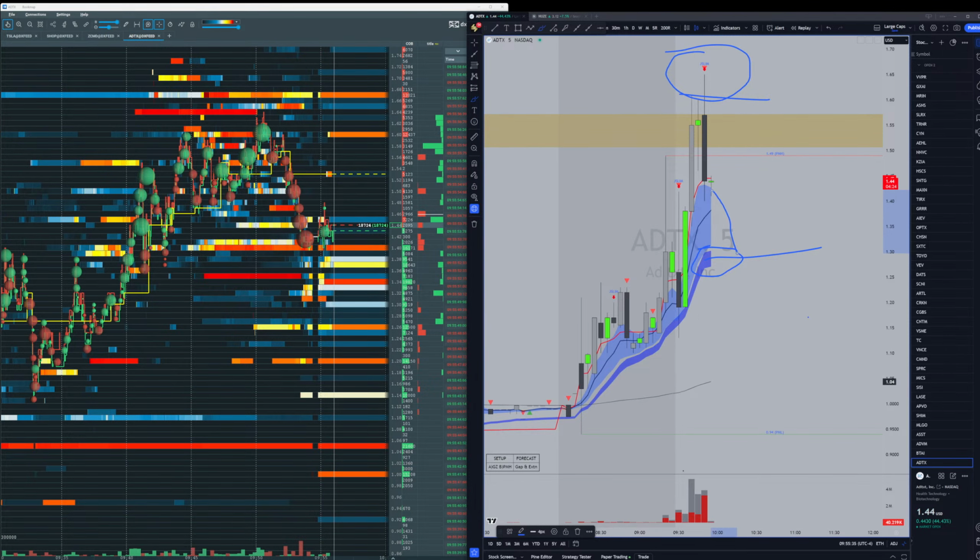Now this is simply looking for a nice fader all the way down. And there we go to the 130. See that, how beautiful that is?